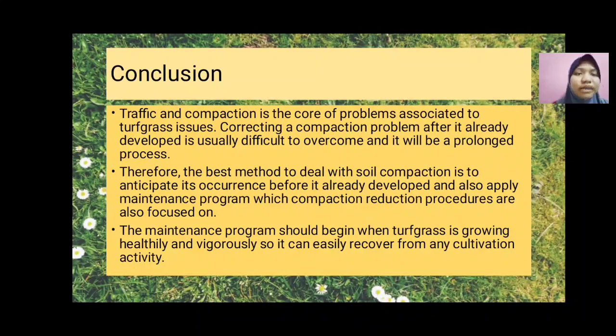Therefore, the best method to deal with soil compaction is to anticipate its occurrence before it develops and also apply a maintenance program where compaction reduction procedures are also focused on.